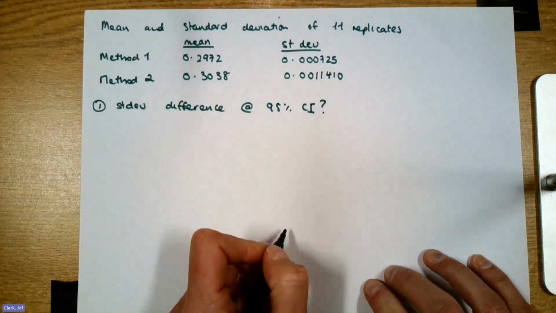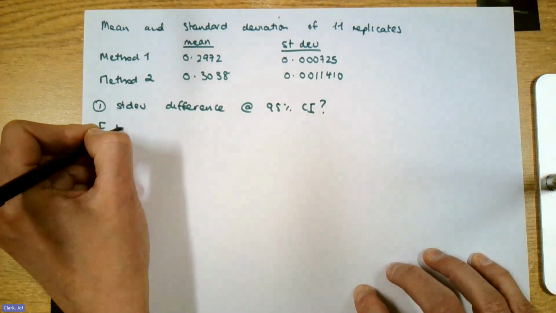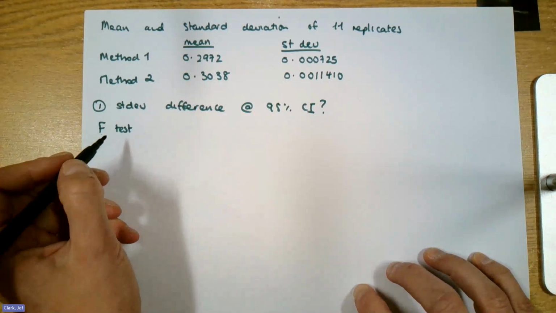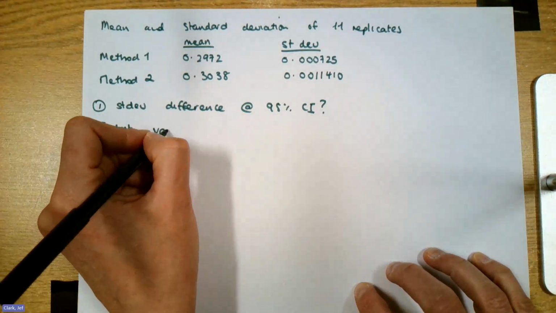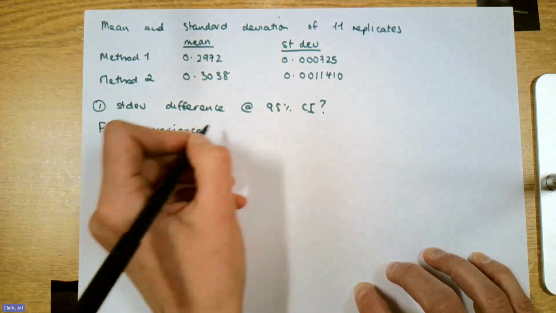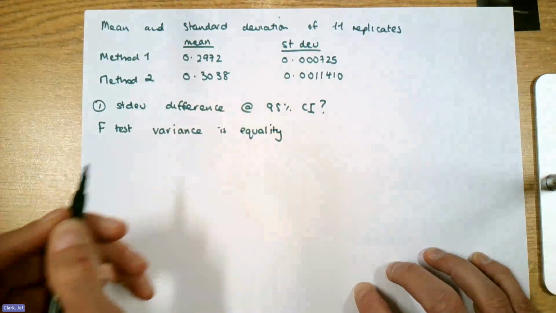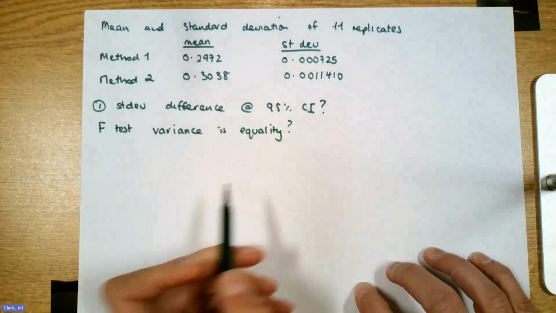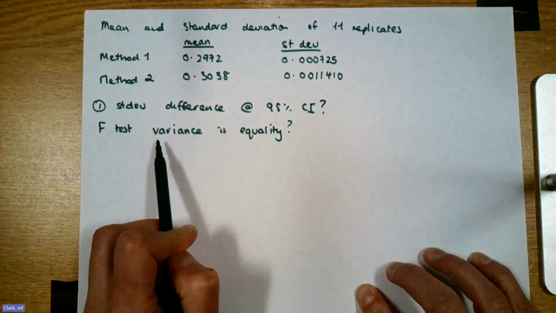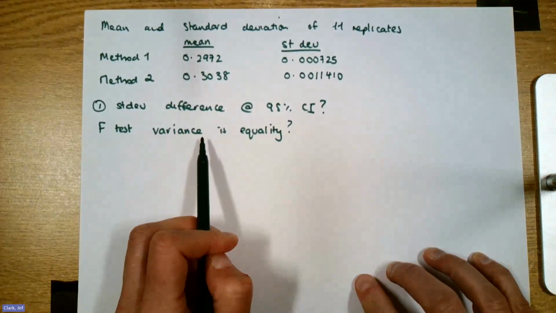So the first thing we're going to have to do is perform an F-test, checking to see if our variance is equal. Keeping in mind the relationship between standard deviation and variance, standard deviation is the square root of variance.